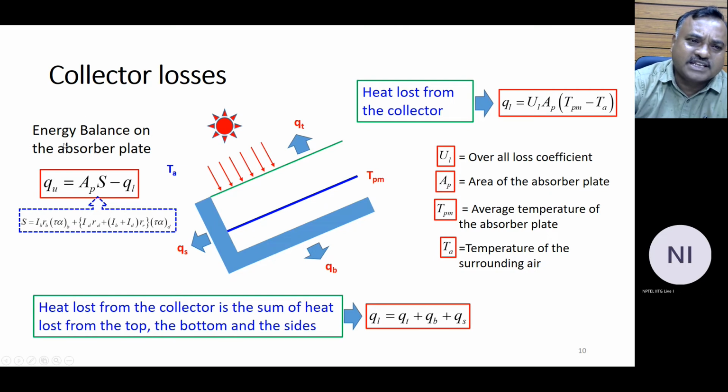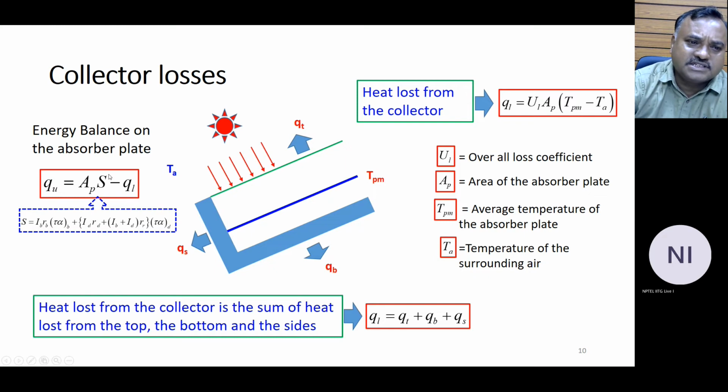So if we are interested in the energy balance on the absorber plate, it appears something like this. QU is equal to AP multiplied by S minus QL. As I say, this S is a complex function, but sometimes we can simplify it as I into tau into alpha average, as we have written in the earlier slides.